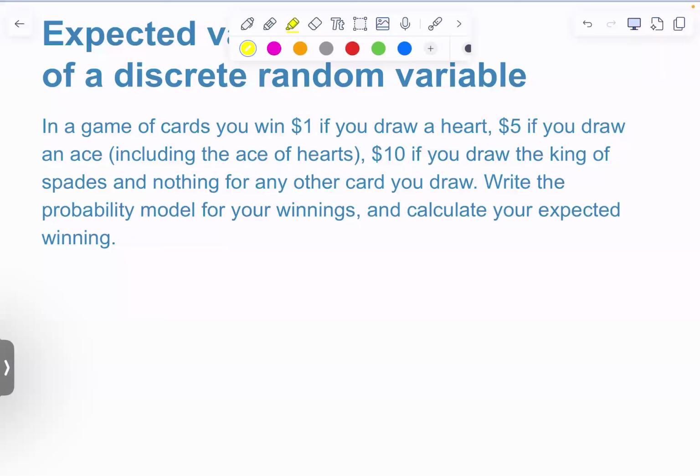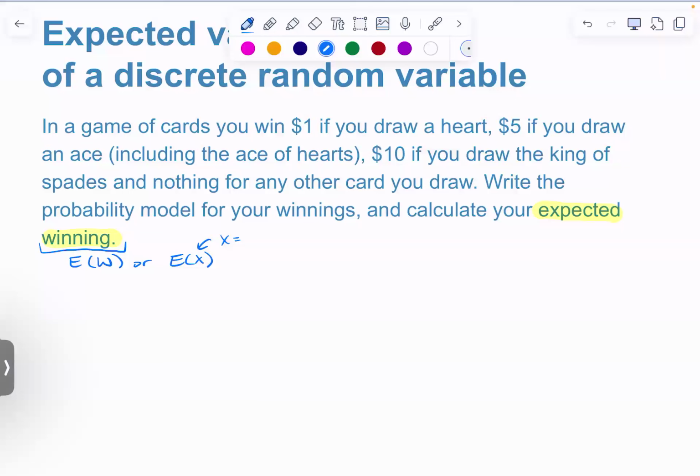So here, your expected winning. This is going to translate to the expected, we can call it W, or generically the expected value of X, but the X is going to be represented by how much you won.